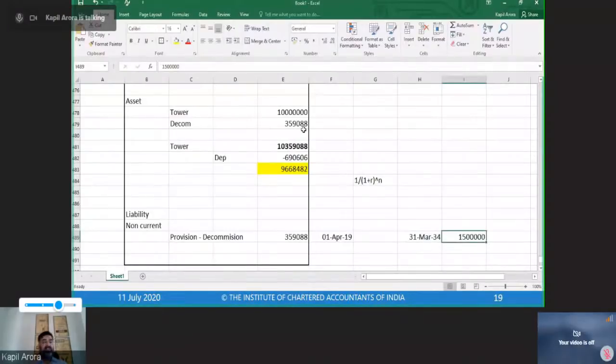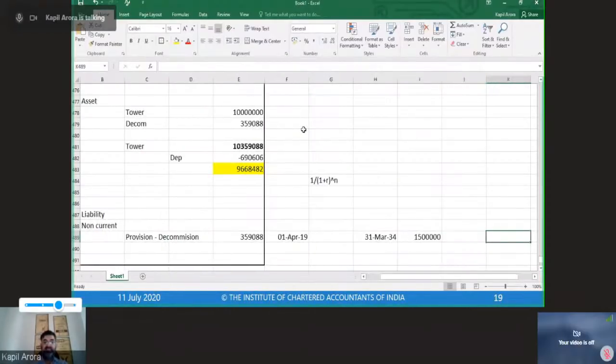What that difference is? If I have recorded it at present value, but I have to pay the full value after 15 years, there is a difference. Difference is 15 lakh minus this amount. Now I am going to pay 11,40,000 extra. What this 11,40,000 is, and where this 11,40,000 will come from?